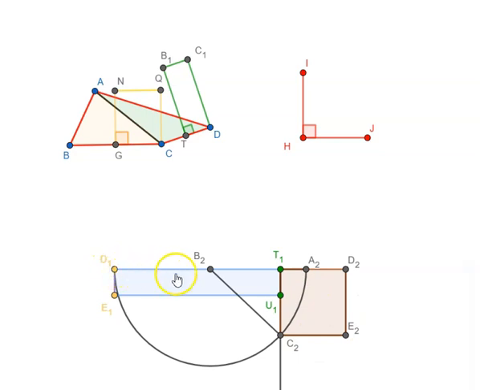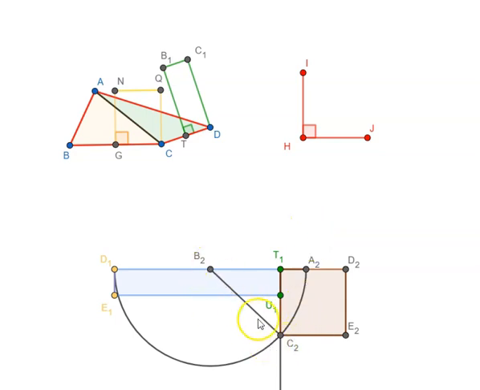You notice D1 A2 is a straight line, B2 is the midpoint, and T1 is a point on the line. This should remind you of proposition 5 of book 2, or 2.5. The proposition tells us that D1 T1 times T1 A2 plus B2 T1 square is equal to B2 A2 square.